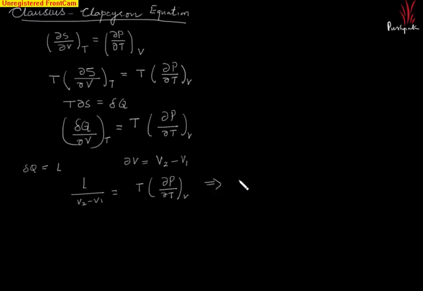If we rearrange the terms, we can write change in pressure with temperature keeping volume constant comes out to be L divided by temperature times change in volume. And this is the equation which is known as Clausius-Clapeyron latent heat equation, or simply Clausius-Clapeyron equation.